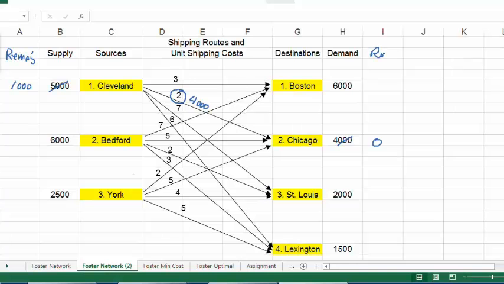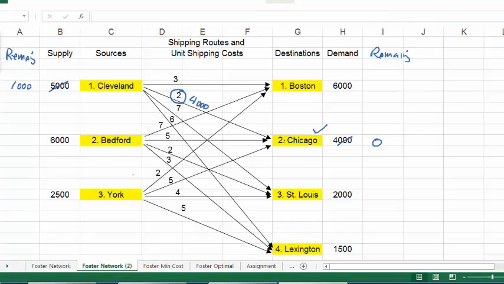So remaining demand is 0. So Chicago is done. And then now we go to the next one, the 327. Now Chicago is done, so that means Chicago doesn't need to receive more from the other places like Bedford or York.